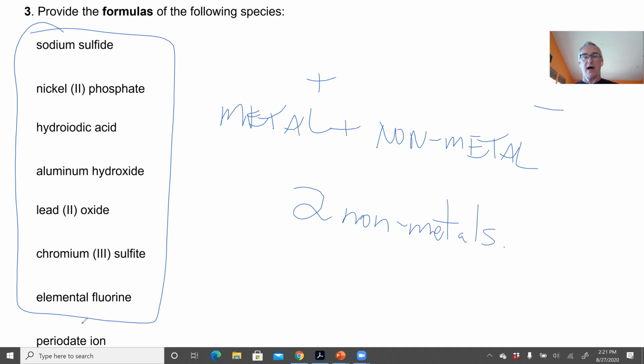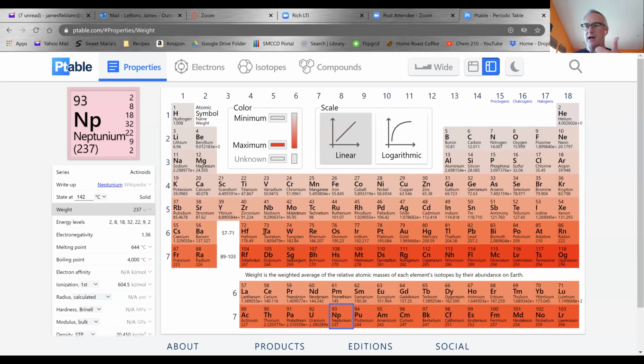So when we look at the periodic table, you remember where the metals were and where the nonmetals were?